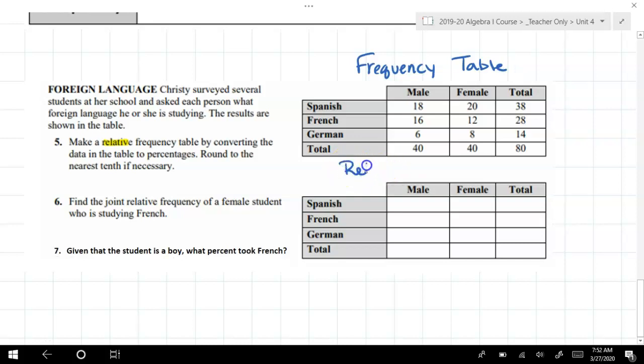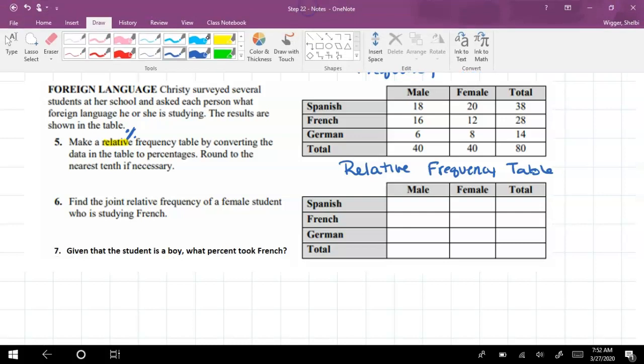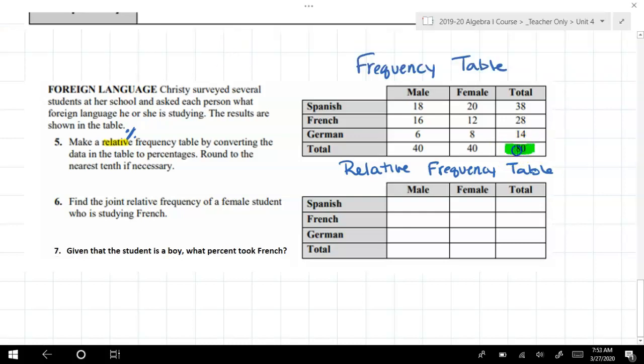The relative frequency table is going to take those same numbers and just turn them into percents. Word relative means percent. We find each percent by dividing by the total. Well, the total is 80. We're going to take each number, divide by 80, multiply by 100 to get the percent.